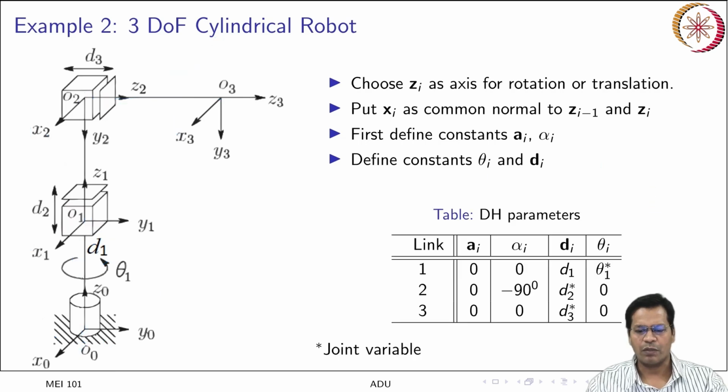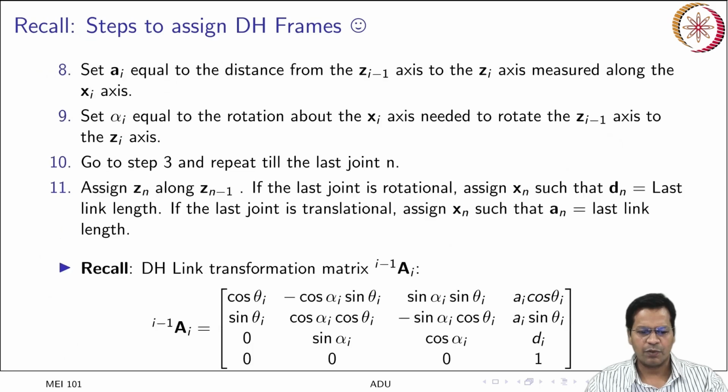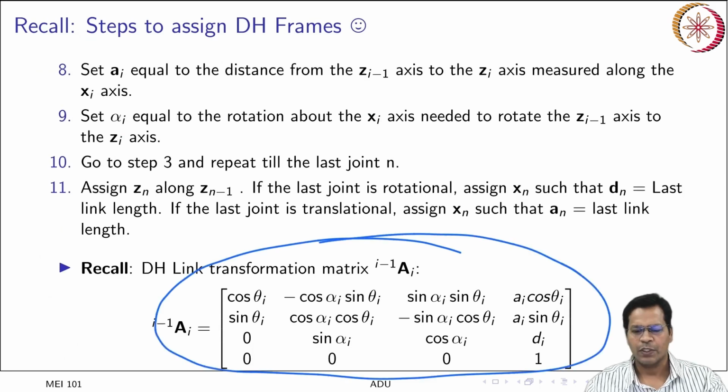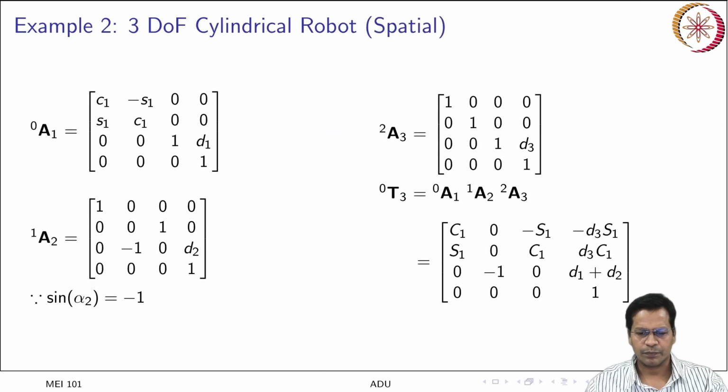Now let us put all of them together in table form. So this is your DH parameter table. I have marked the joint variables as theta 1, d2 and d3. If you remember your DH parameter link transformation matrix, you have to use it every time. So let us quickly go to that page.